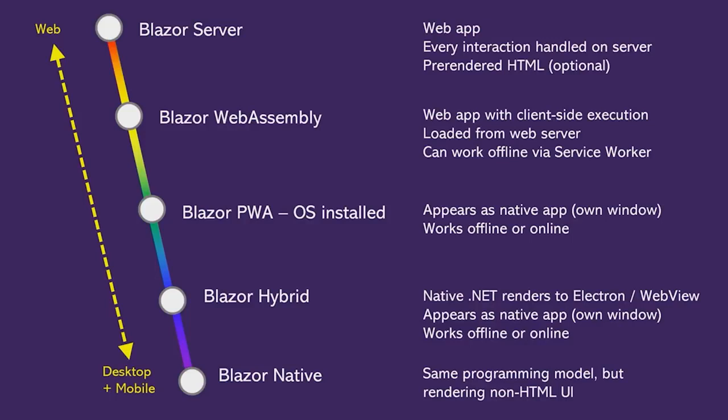Blazor hybrid apps are native .NET applications that use web technologies for their UI, like HTML and CSS. We've already shared some experiments publicly of creating Blazor hybrid apps, for example, using Blazor with Electron to build cross-platform desktop apps.